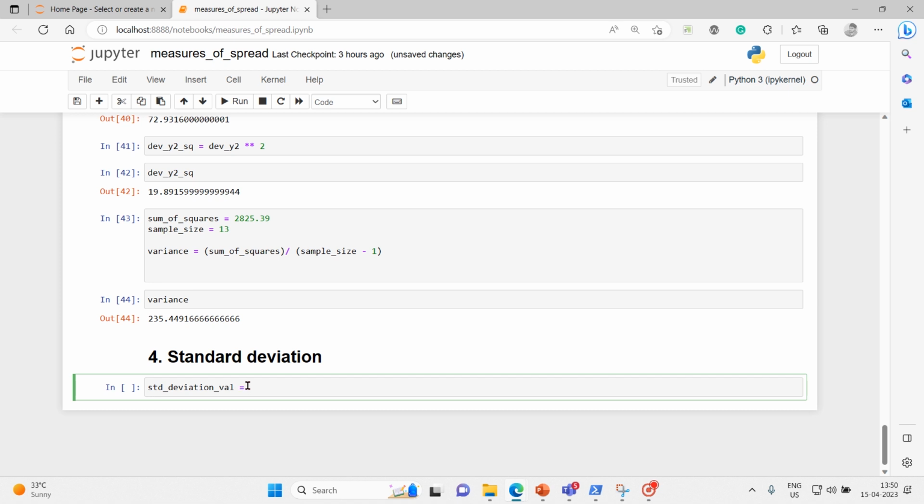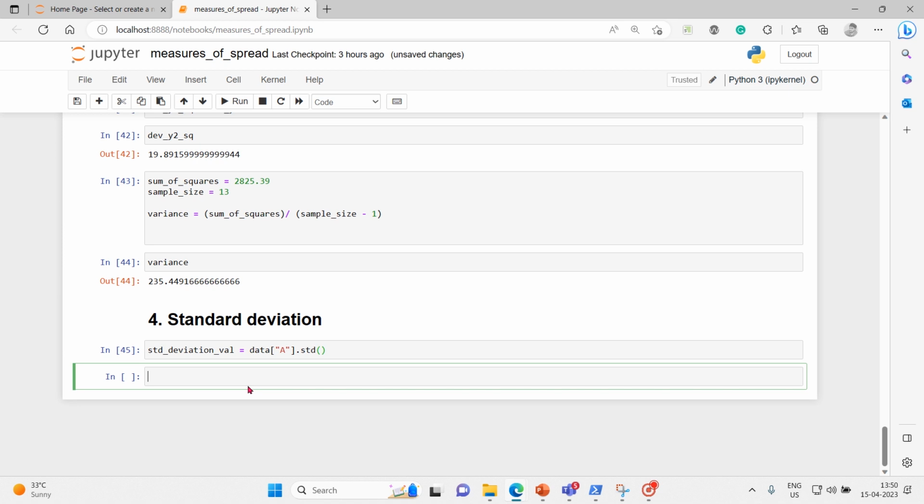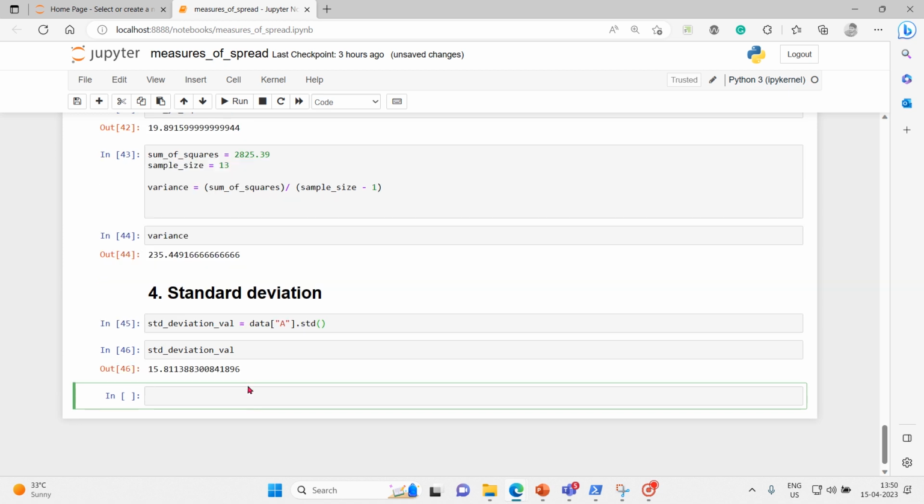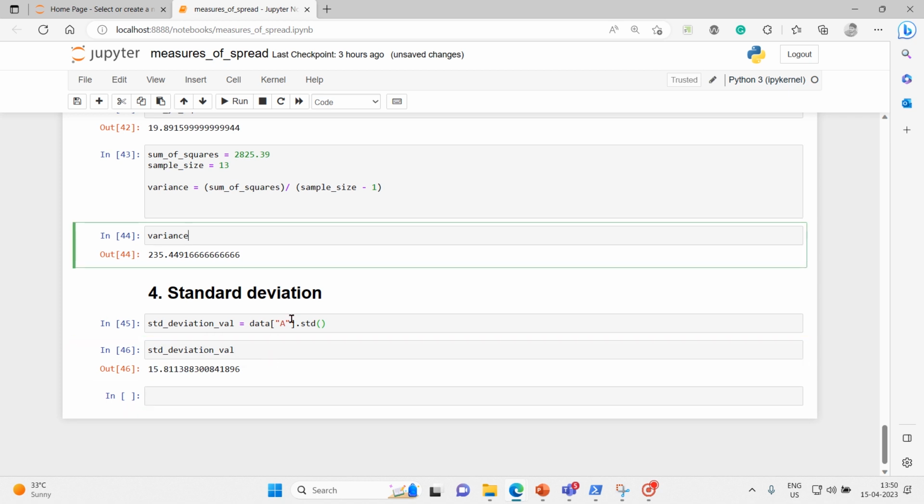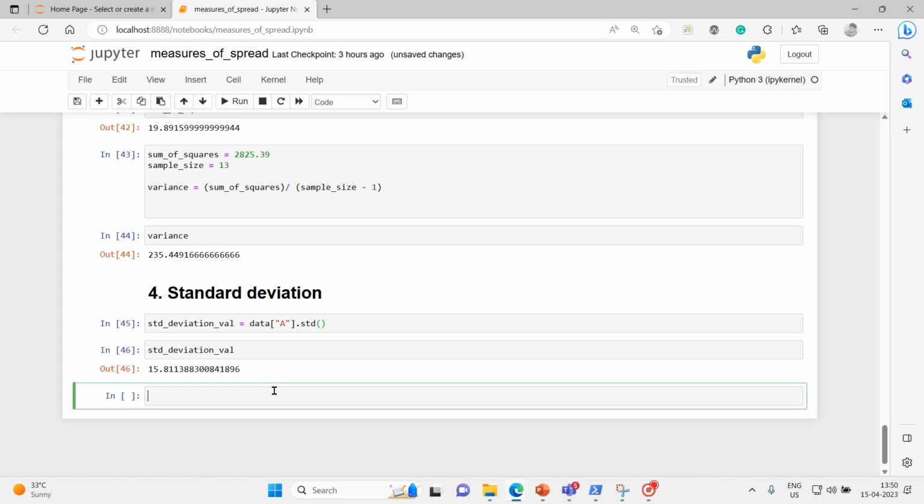STD value is equal to data, if you remember the data, and then the A series, and then as usual the STD method. Let me check the value. It's 15.81138883, it keeps on increasing. That's the standard deviation we got.